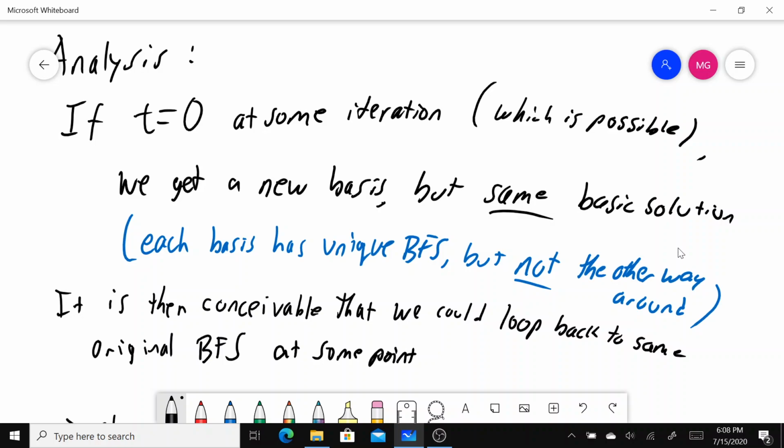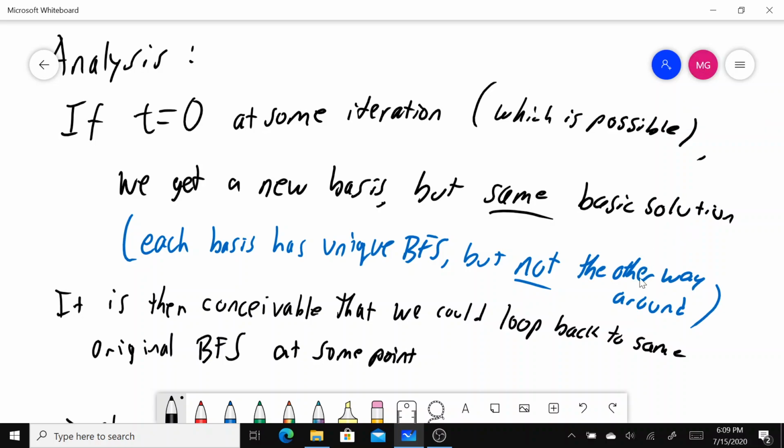It's just possible that you keep generating new bases, but with the same basic solution. Or in fact, you can jump around basic solutions as long as the objective value doesn't increase, which is not the case when t equals 0. But anyways, the point is just that at some point you'll come back to the same basis that you started with, the same basic solution.